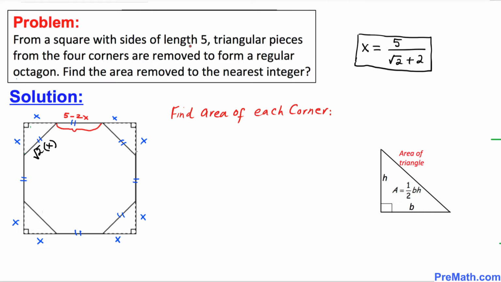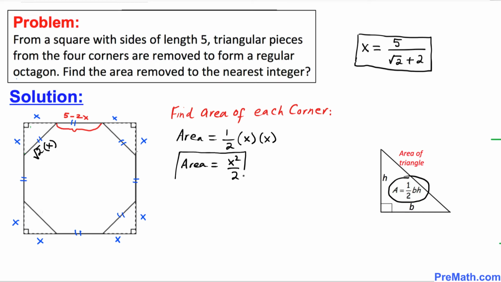So the area is going to be x squared divided by 2.